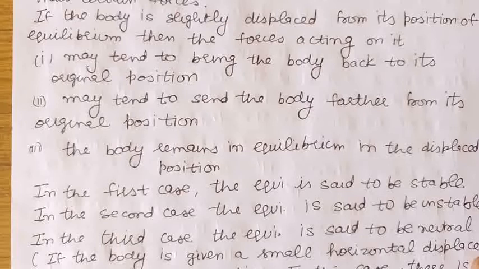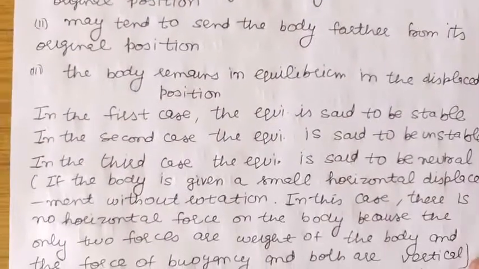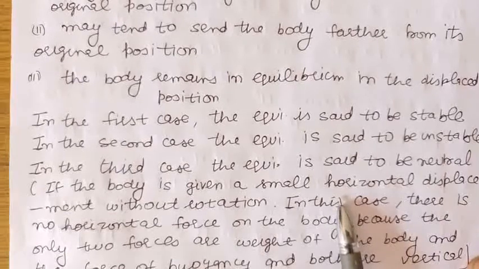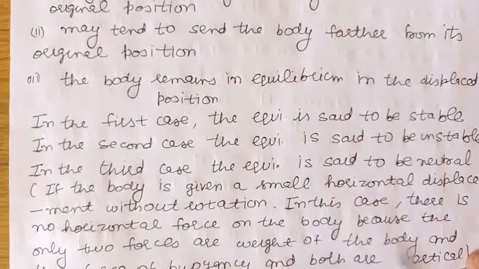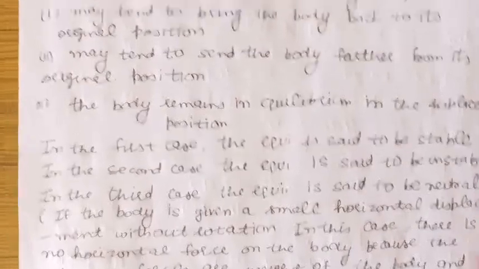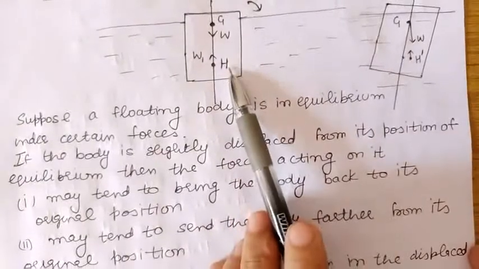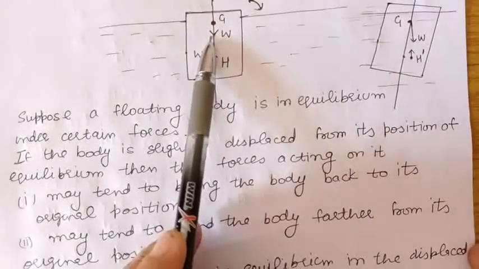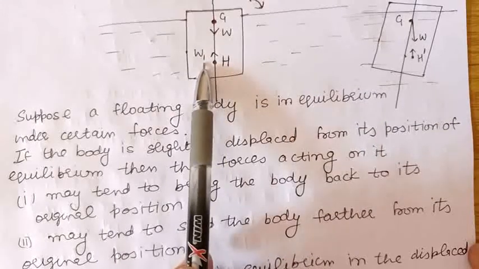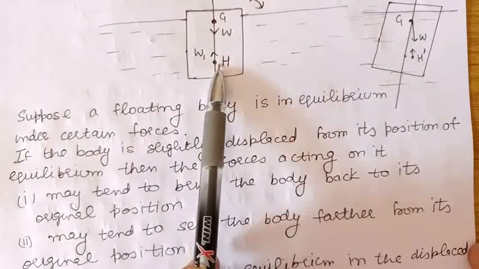Now we discuss the case when neutral equilibrium is possible. For example, if we give the body a small horizontal displacement without rotation, in this case there is no horizontal force acting on the body, because there are only 2 forces acting on the body. One force is the weight, which is acting vertically downward, and one is the buoyant force W1, which is acting vertically upward.